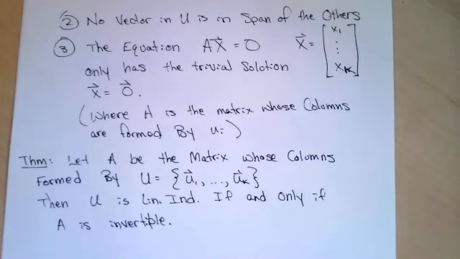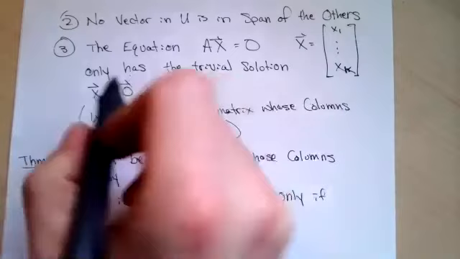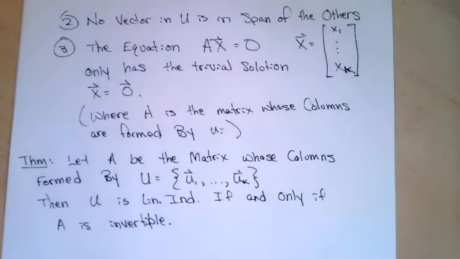So as we saw in that last example, what happened when we row reduced our coefficient matrix? We didn't get the identity. We didn't get ones along that diagonal, right? We had that row of zeros at the bottom, which ended up telling us that it was linearly dependent.